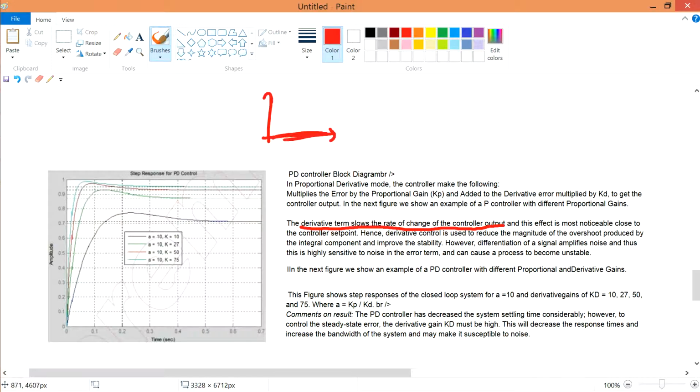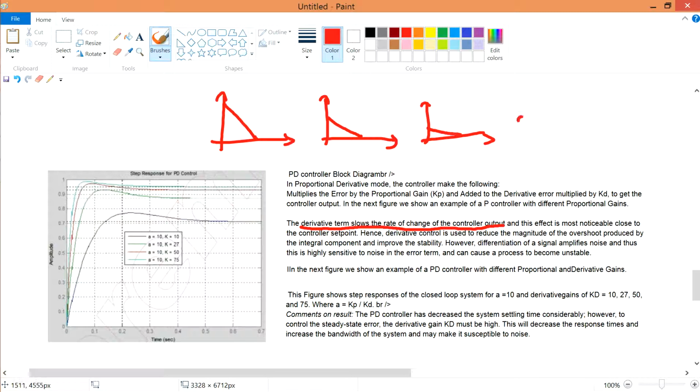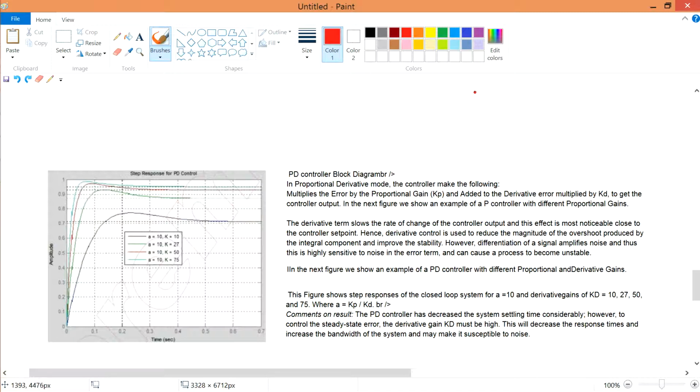If the changes aren't this big, so the derivative dy/dt is equal to 0, and therefore it's pretty safe. So the derivative part is actually to deal with the changing trend, and eventually slowly control the trend from like this to maybe like this, and then like this, and then like this. So you change the trend to 0, so that the rate of change is simply 0, and therefore putting your system to be stable.